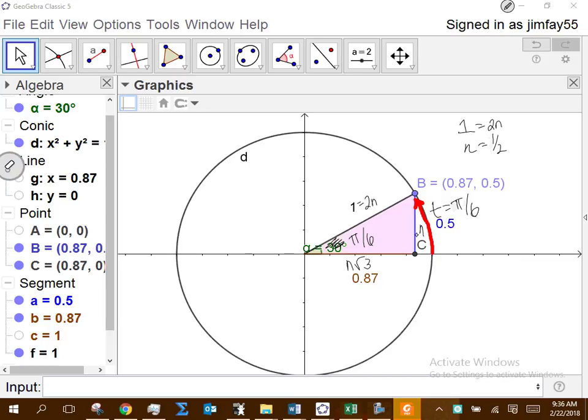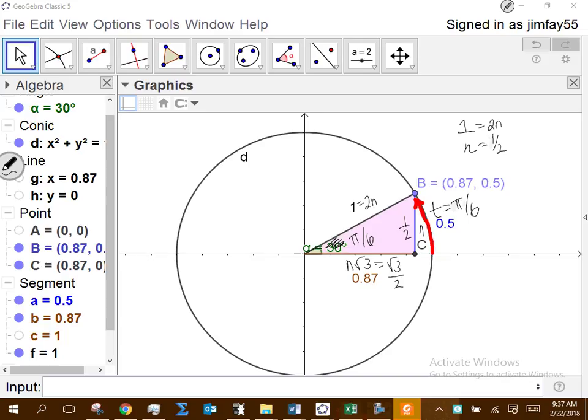So that's where this y value comes in at 1/2. And if I type in radical 3 over 2, I should get back 0.87. Does that make sense? Okay. So those terminal points are defined by those values that came from the unit circle. Okay, it came from that special right triangle.